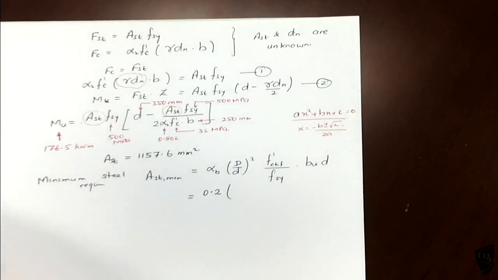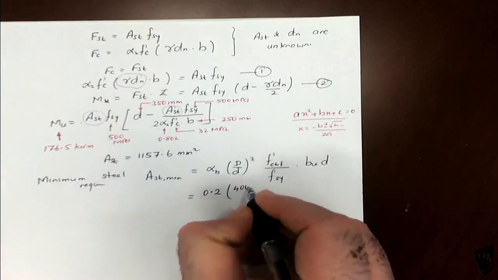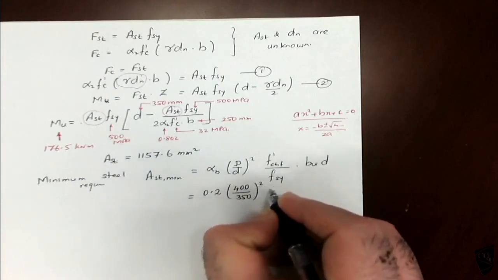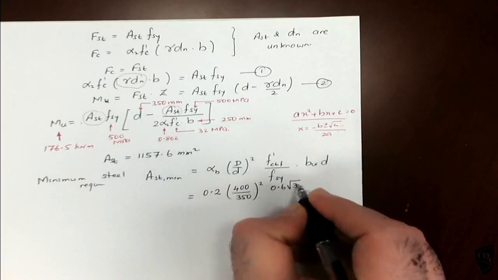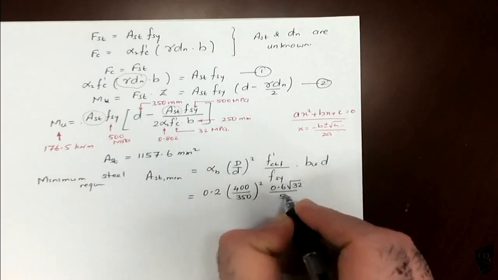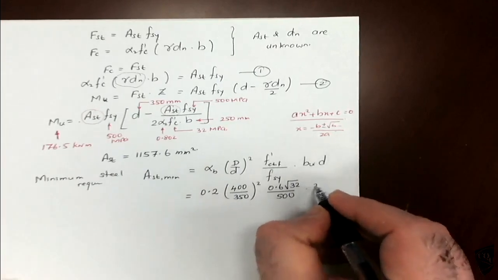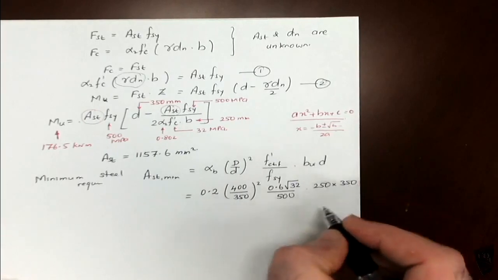Is that correct? Sorry, 400. Small d is given as 350. This is 0.6 times the square root of f'c, 32 MPa, 500. b is 250, d is 350.